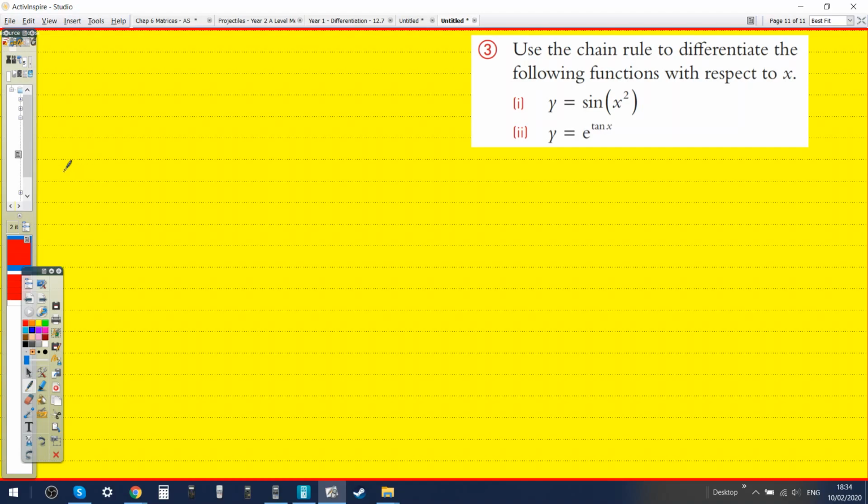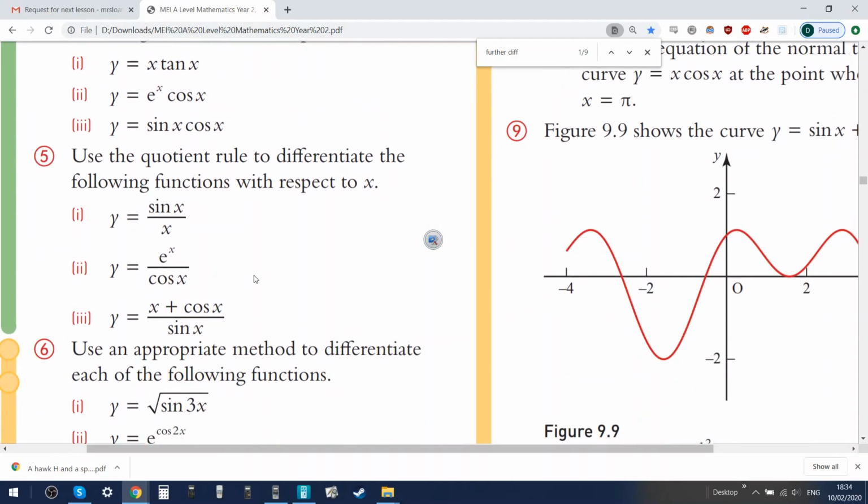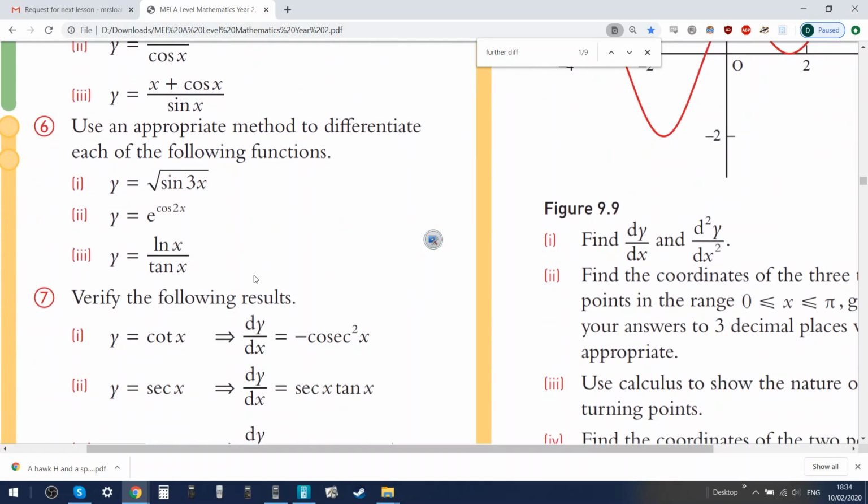So u dash is sec squared x, and then it's just sec squared x times e to the tan x. So that's tan x. Okay, fine. So just practicing the tan thing. Quotient rule, chain rule, those are fine.